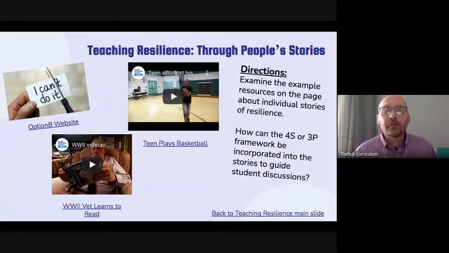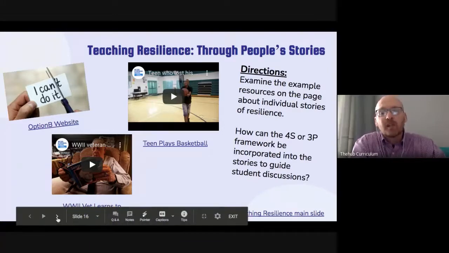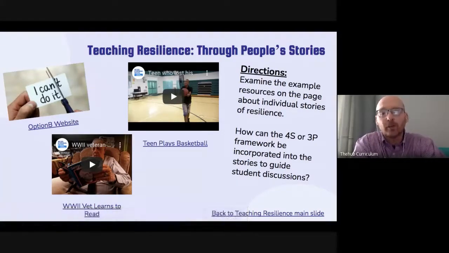And this World War II vet survived Normandy, but said the hardest thing he's ever done in his life was overcoming his fear of learning to read. And so he learned to read in his 80s. These are good stories of building resilience. And I think as you watch them, you could see how you could integrate that 4S or 3P framework.